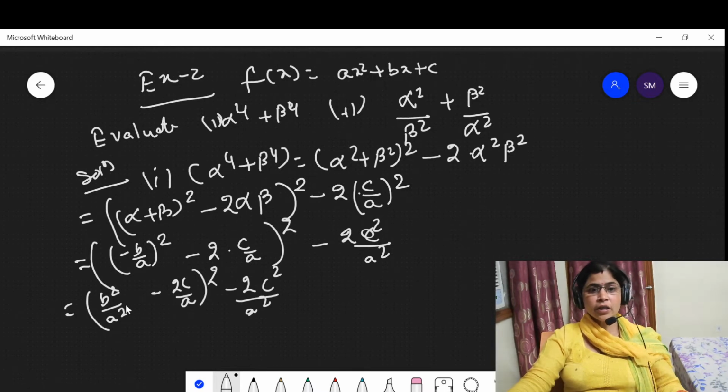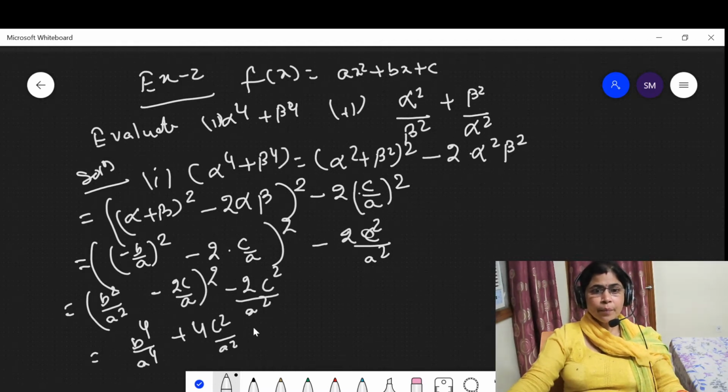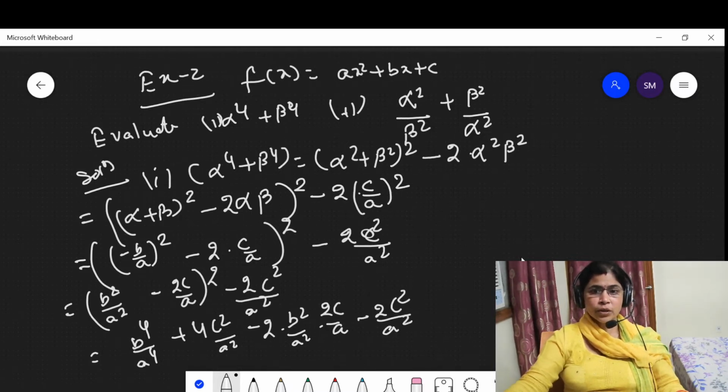Then here this is a minus b whole square. A minus b whole square means a square plus b square minus 2ab. This is like this, and this is minus 2c square upon a square.